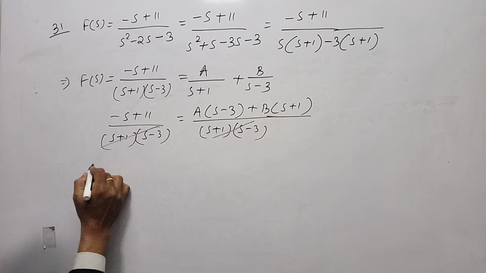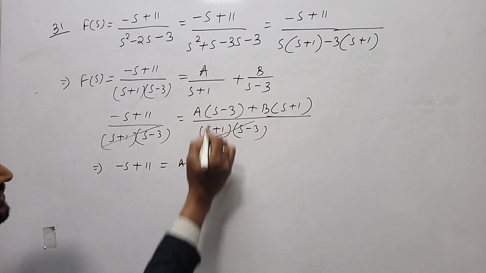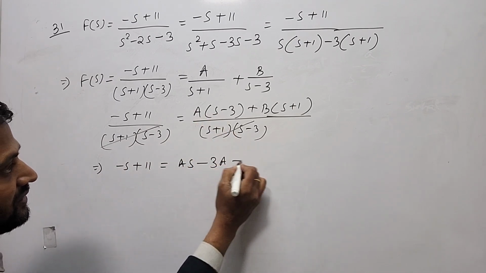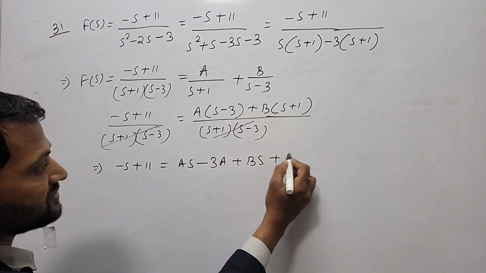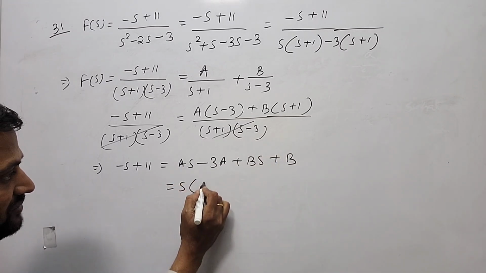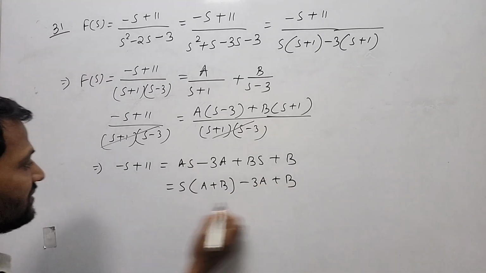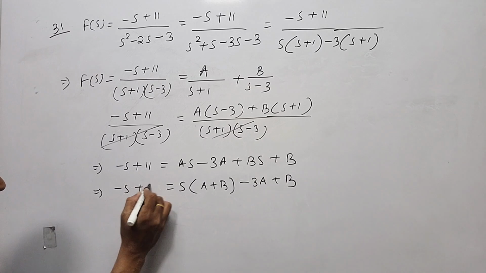So this part will be cancelled. So it is minus s plus 11 is equal to As minus 3A plus Bs plus B. So I can take s as common from As and Bs. So it is A plus B, s, minus 3A plus B. So it is minus s plus 11.